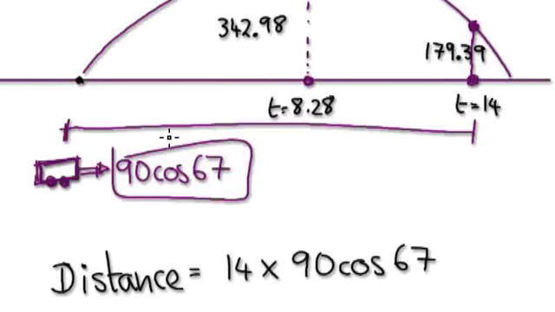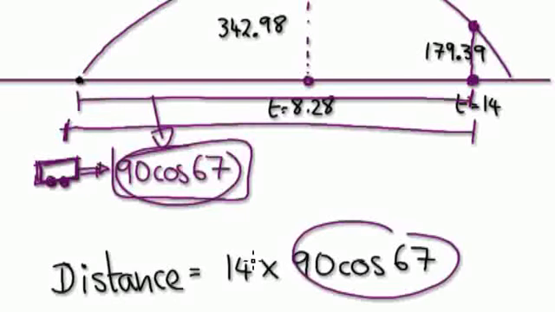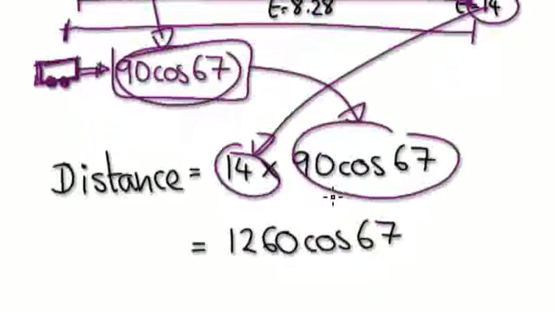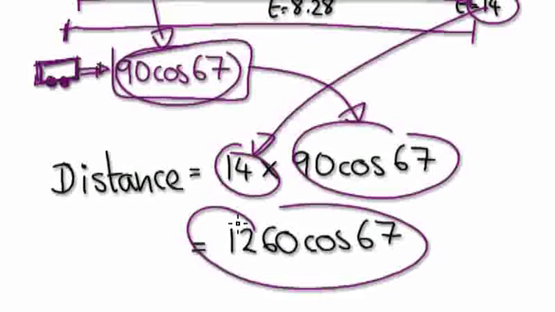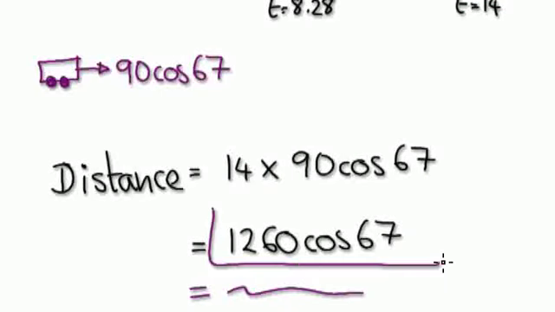So the distance will be speed times the time. Time in this case is 14 because we are driving for 14 seconds. So it's speed, which is here, times the time here, which is 14 seconds. And then that will give us this. So the distance is given by this thing here. You could jump to a calculator and get a decimal answer, but we are allowed to just leave it as this.